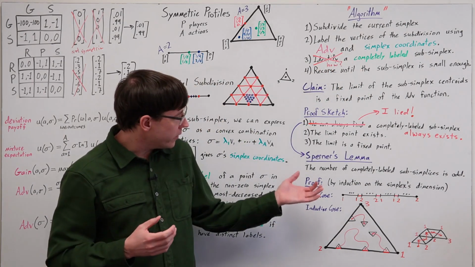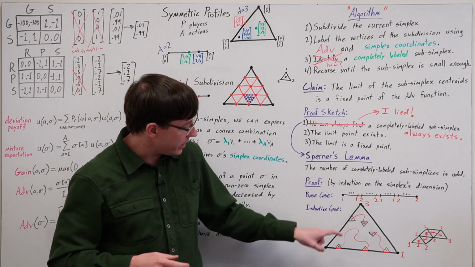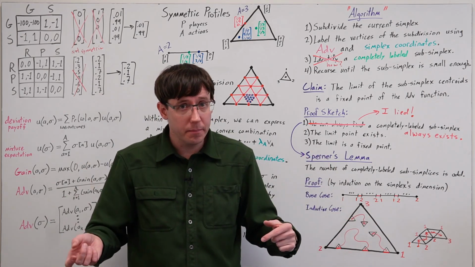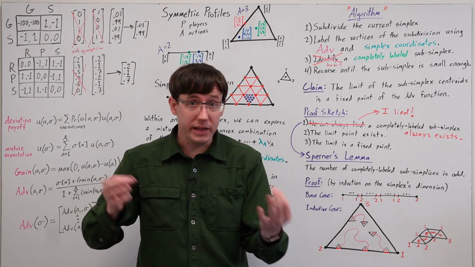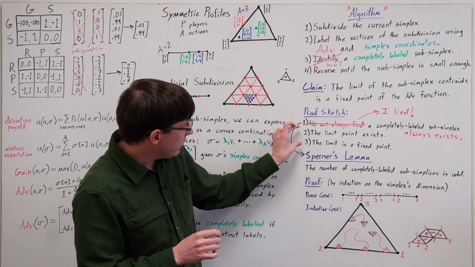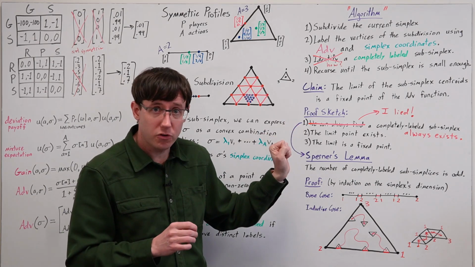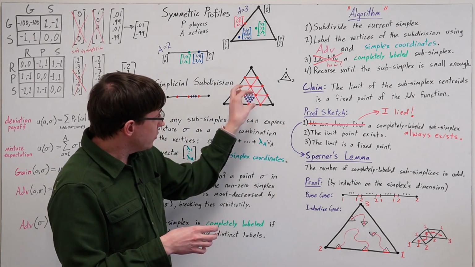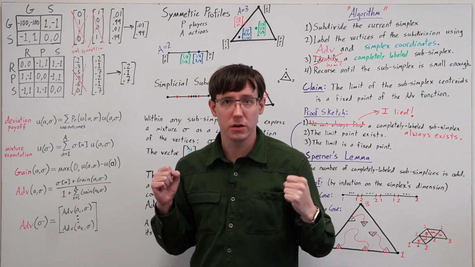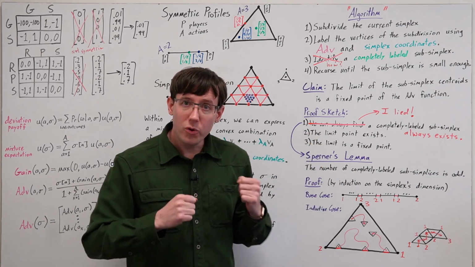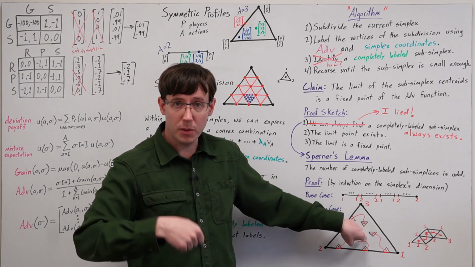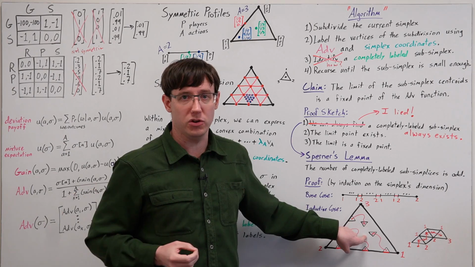Our inductive argument does prove that the number of completely labeled subsimplices must be odd, which means that a completely labeled subsimplex must exist, which is all we need for parts 2 and 3 of this proof sketch. So it will be possible to zoom into a limit, and that limit will be a fixed point of the function. But the trouble is, we only know how to find one of the completely labeled subsimplices in n+1 dimensions.